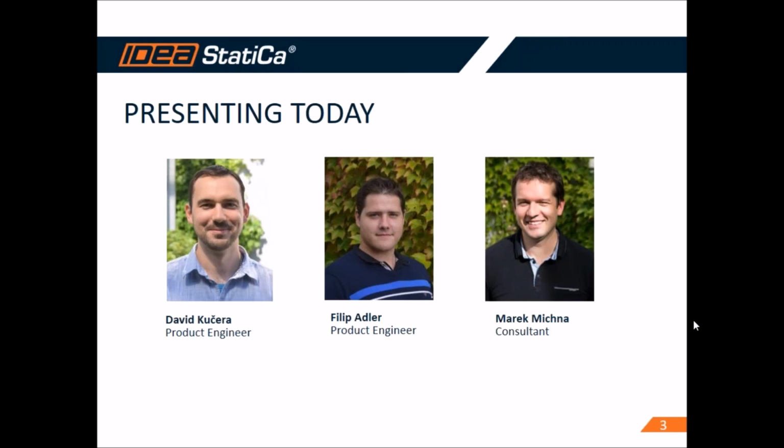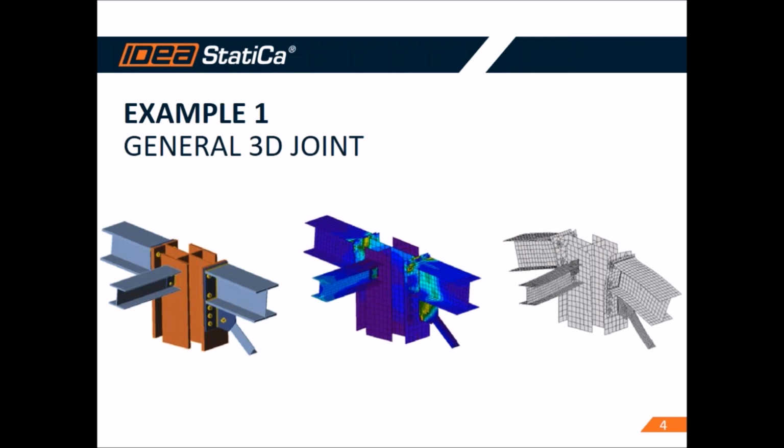Now you can also see my screen. Today we are here with my colleagues David and Philip. They will show you the practical part of the session, and today we would like to show you something about modeling of 3D geometry, but also about joint design resistance.